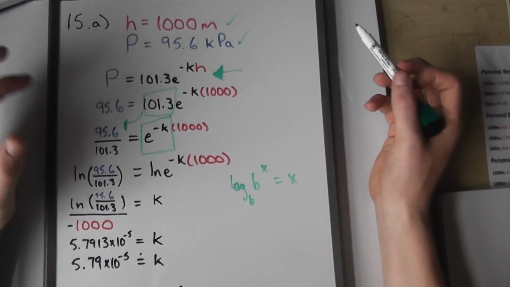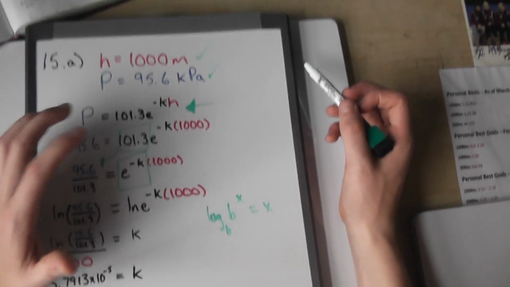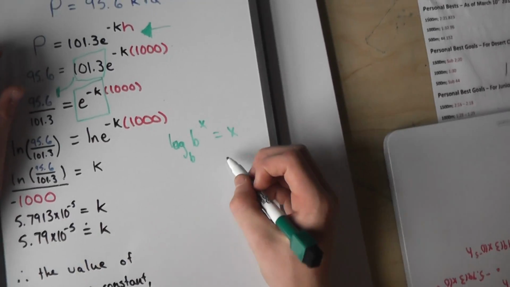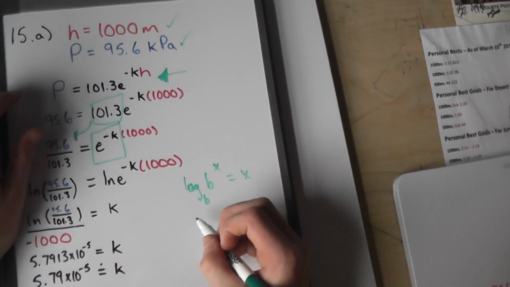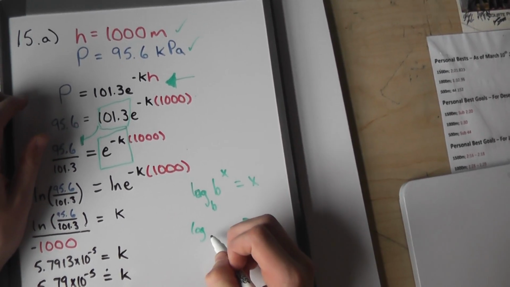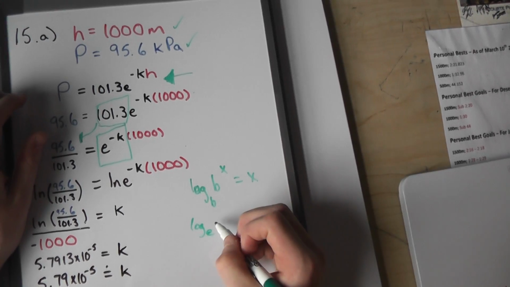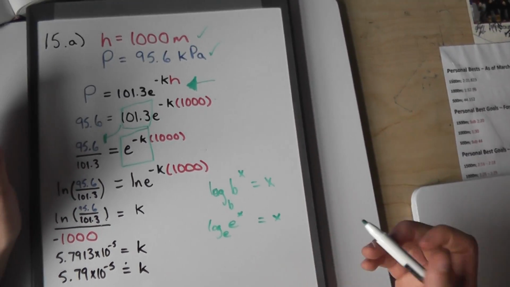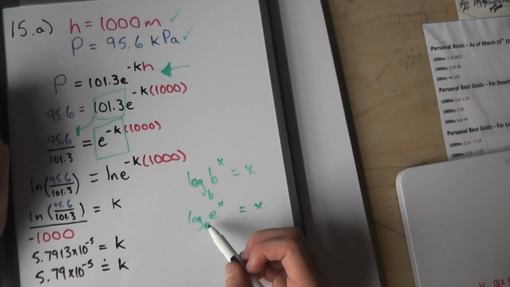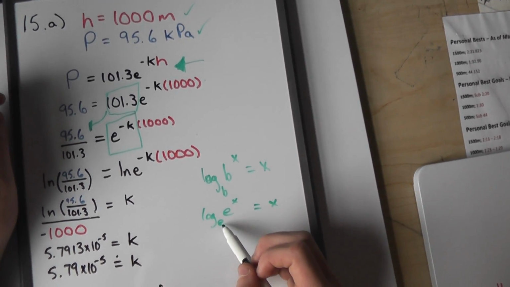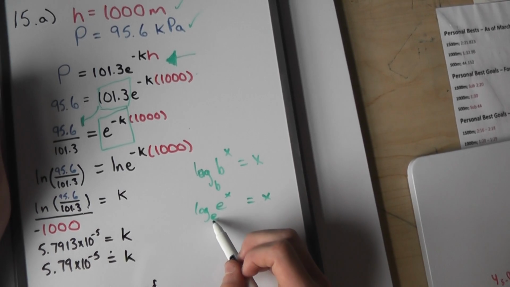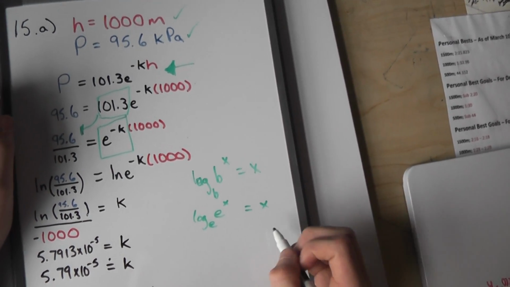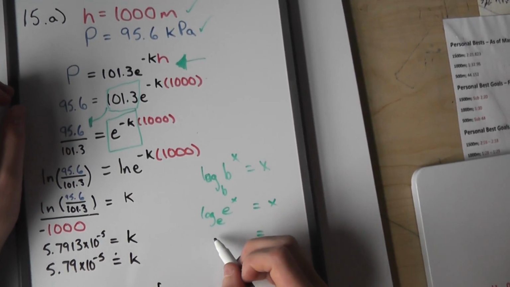Now we're going to have to change this around because our base is e, Euler's constant. So we're now going to rewrite it as this: log e to the x equals x. Now, because we have Euler's constant here below, we can use ln, and ln is the inverse.